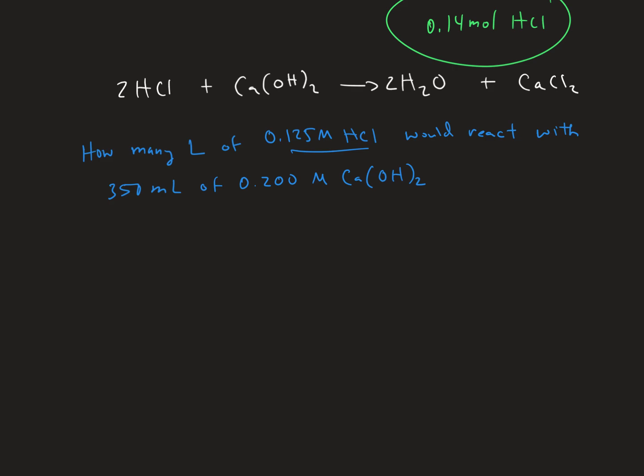All right. So let's start with, what are we looking for? We're looking for liters of HCl solution, right? That's our question. And we know our concentration of HCl. We know volume and concentration of our base.